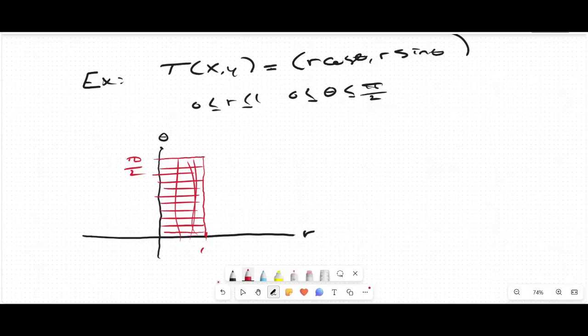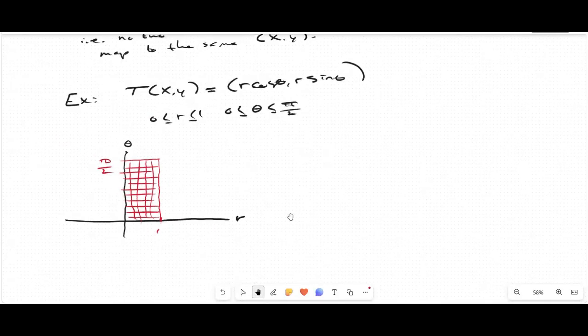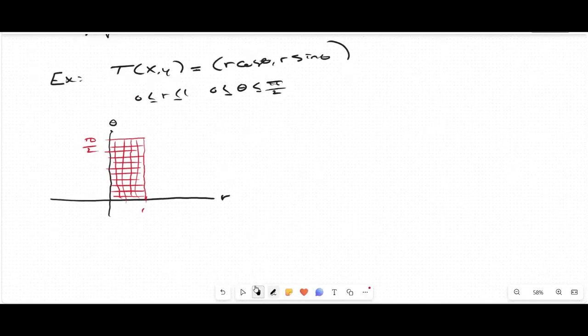What do you mean it's a rectangle? It's supposed to be like radial lines and angular lines. But that's only in X and Y coordinates.